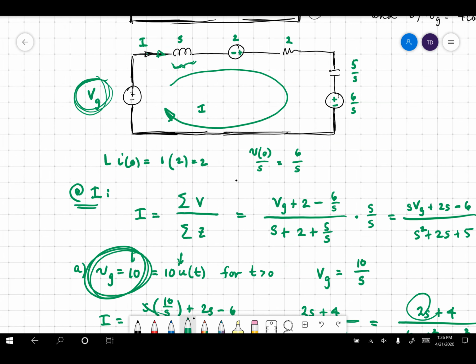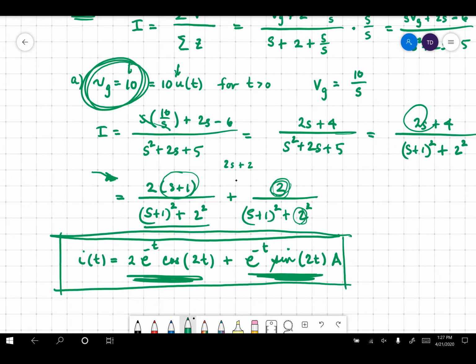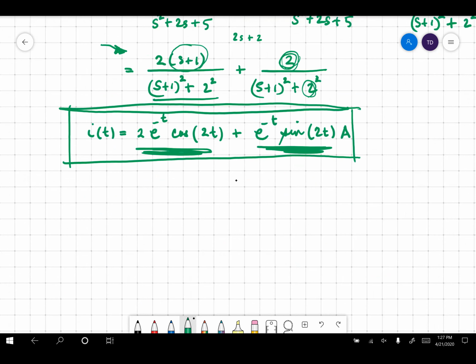At DC, this inductor looks like a short. This capacitor looks like an open. That puts an open right here. As far as this constant source, zero current can flow through there. And that's why there is no constant term here.